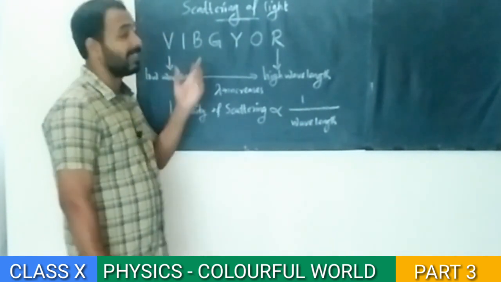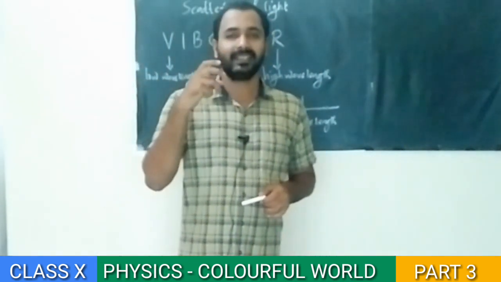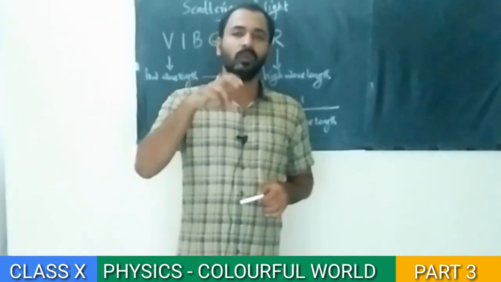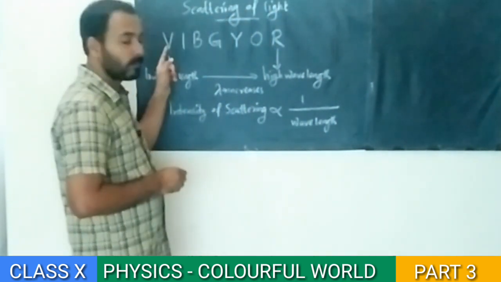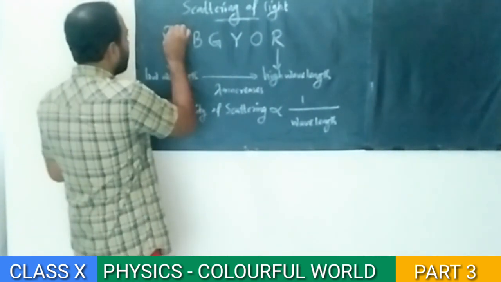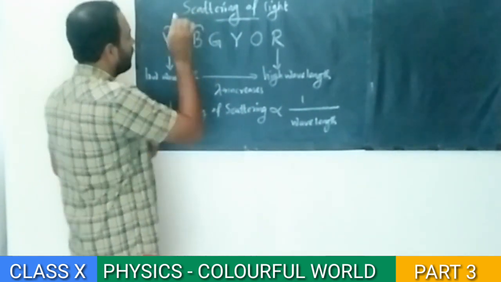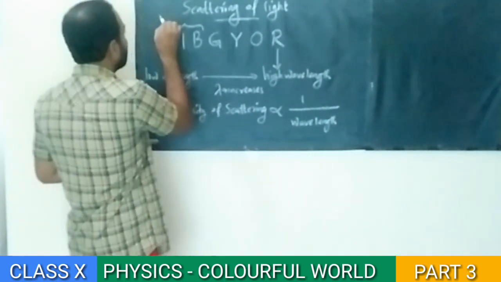So among the 7 colors, the more scattering colors are violet, indigo and blue.